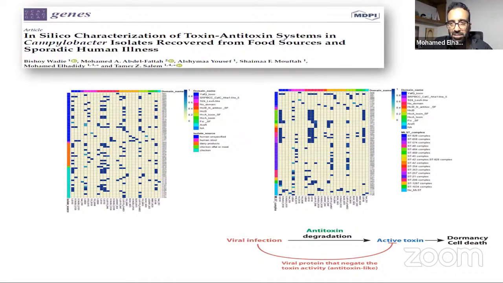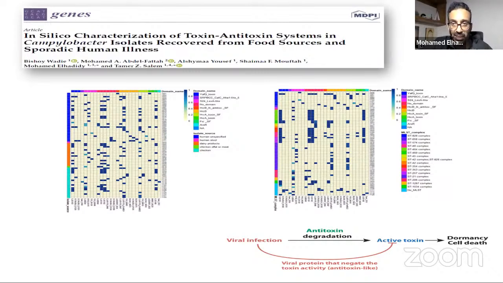The toxin-antitoxin system is actually one of the efficient mechanisms, and it's well studied in E. coli. Yet we thought, okay, for Campylobacter, we never had anything about the resistance mechanism by toxin-antitoxin resistance determinants. So we have an in silico characterization of novel systems. We actually found 10 novel toxin-antitoxin systems that are uniquely found in Campylobacter, and we characterized this.